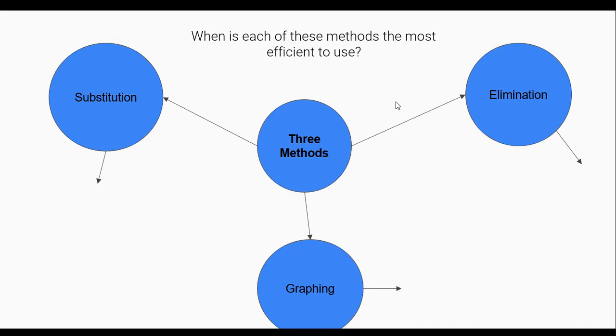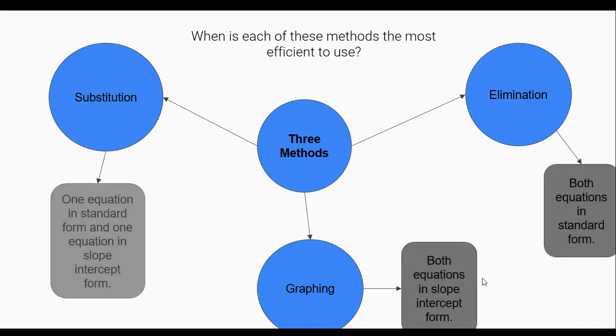Graphing is most efficient when both equations are in slope-intercept form, and we decided that substitution is the best method when one equation's in standard form and the other equation's in slope-intercept form.